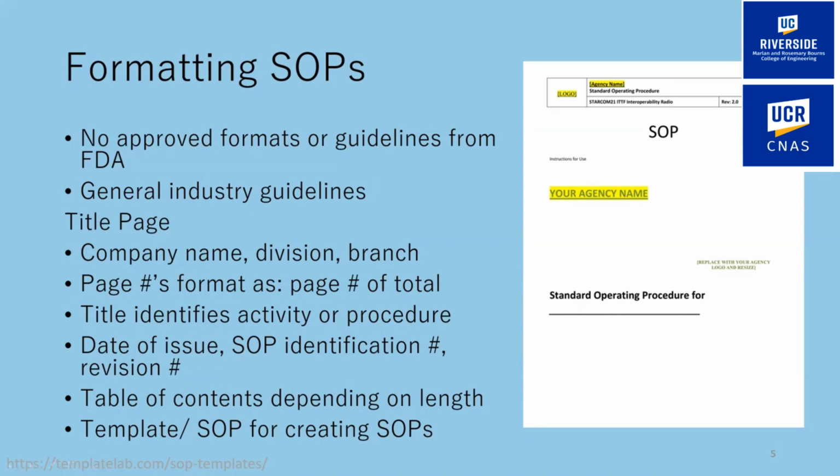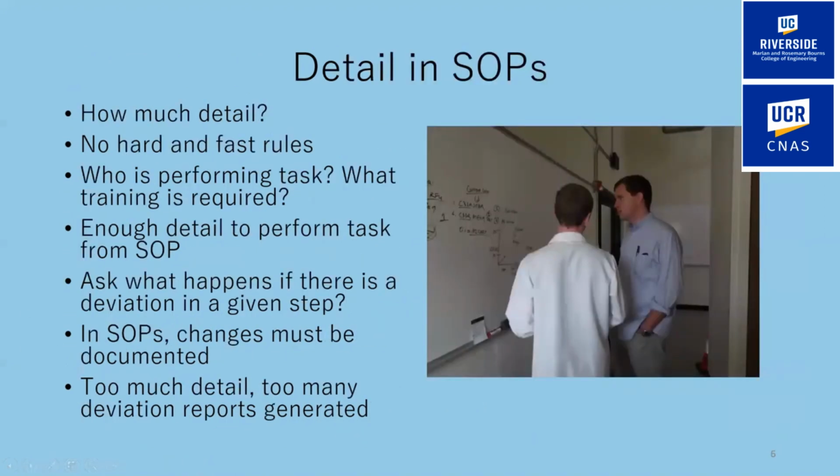What about detail, though? How much detail should a standard operating procedure have? Well, again, there are no hard and fast rules, but you want to consider who is performing the task, what training is required, what training will that person have. You'll want to have enough detail to be able to perform the task just from the SOP, given the training and background that the person performing it should have.